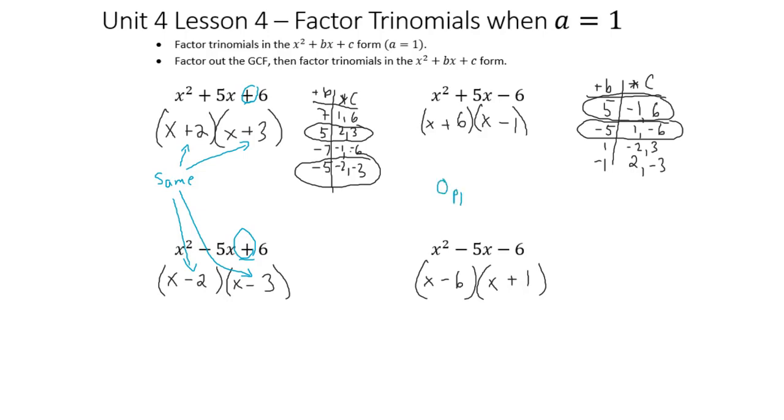In order to get a negative, you have to have opposite signs. So here you see 1 negative, 1 positive, and here you see 1 negative, 1 positive.